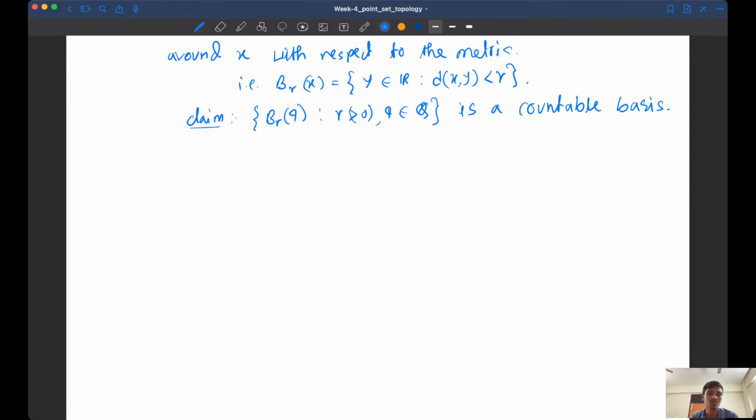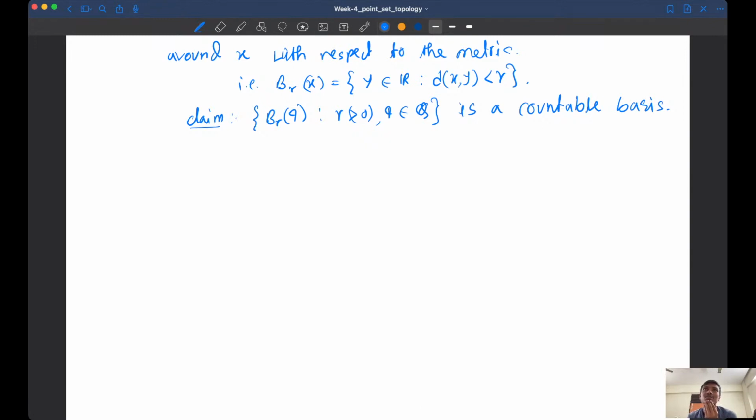If you take r only of the form 1 by n, then any higher radius ball, greater than 1, you can't cover by that. Yeah, I understand.